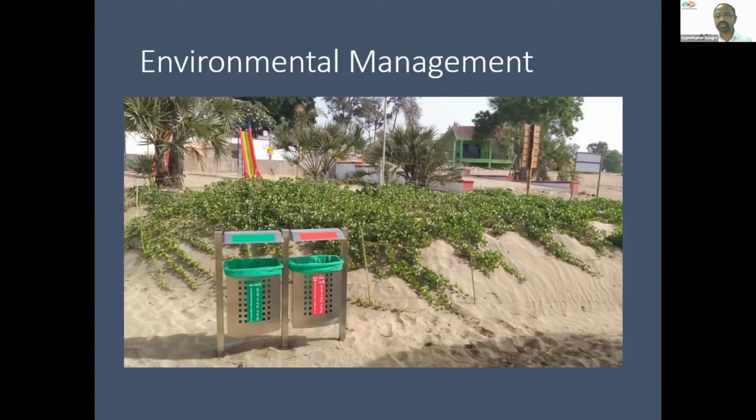For example, this is the Ipomoea species, which is a climber, and they planted it. Once these species are planted, they guard the area and allow the species to take over, so environmental management of the beaches becomes essential, because these species help bind the sand, and therefore erosion of the beach is minimized.